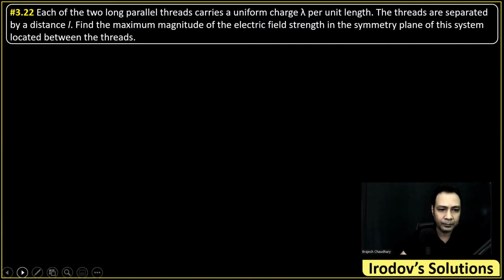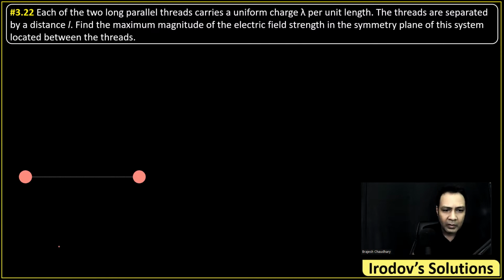These are my two infinite wires with the same charge density, plus lambda and plus lambda. Obviously, exactly in between them the electric field will be zero, and at infinite separation the electric field will be zero. So we'll find at which point the electric field is maximum.